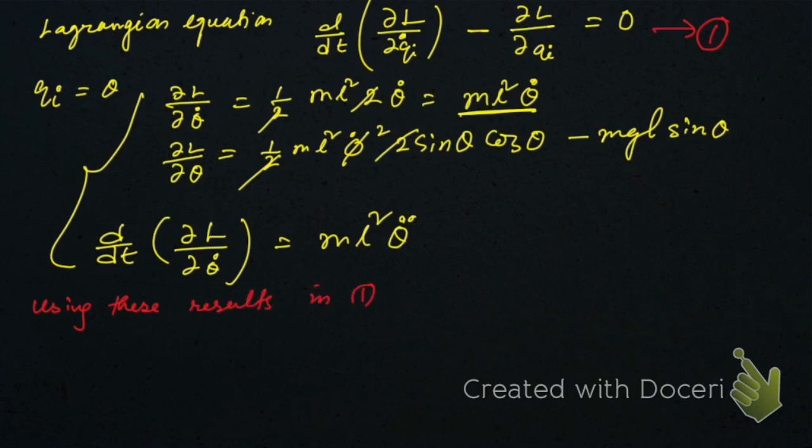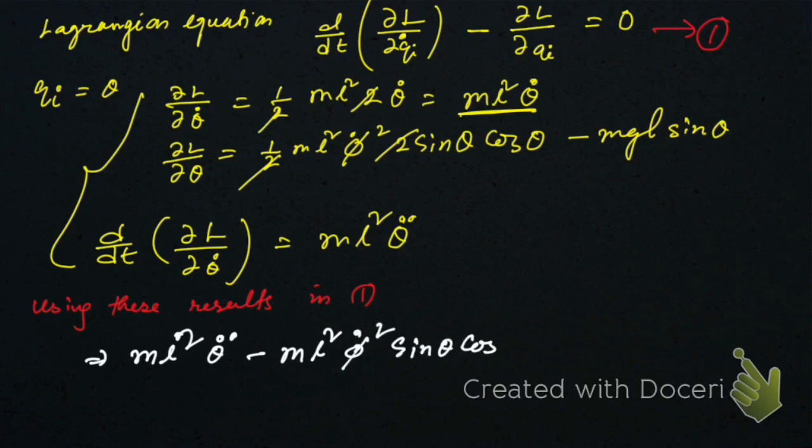If you use those in 1, then you should get m L square theta double dot minus m L square phi dot square sin theta cos theta plus mgL sin theta is equal to 0.